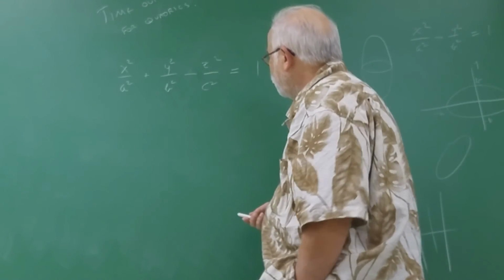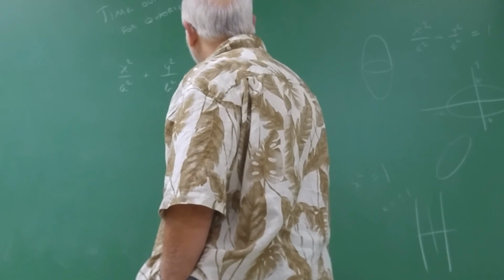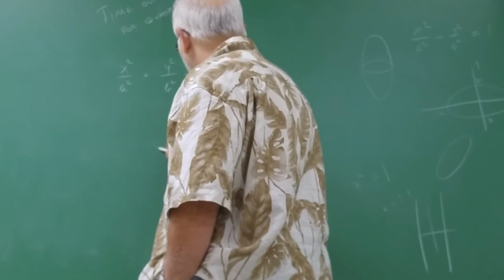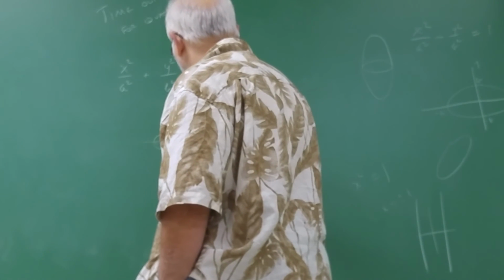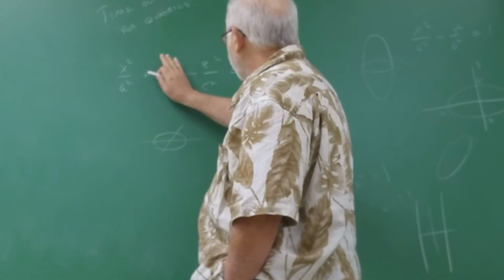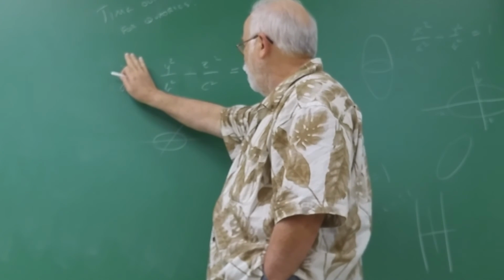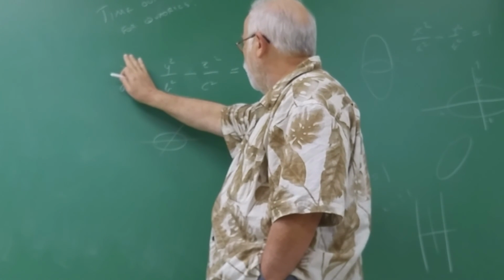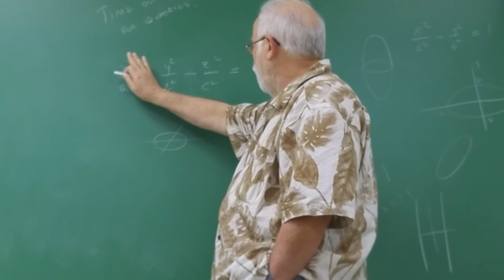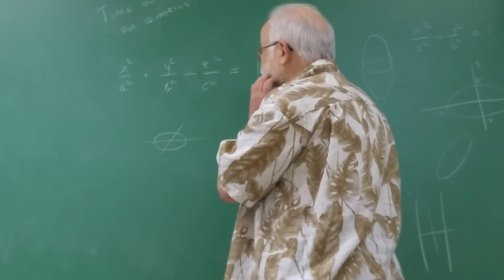If I look at the traces, the XY trace is an ellipse. The XZ trace, well, let's do the YZ trace next. That's a hyperbola. Is the hyperbola opening along y or along z? Along y, because there is no z intercept here.